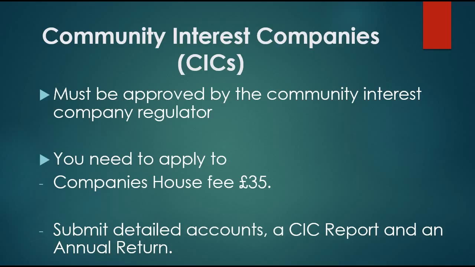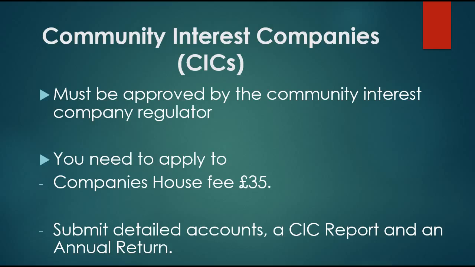A community interest company is set up by the Companies House. It must be approved by a community interest regulator. It costs about £35 to do if you make the application yourself.